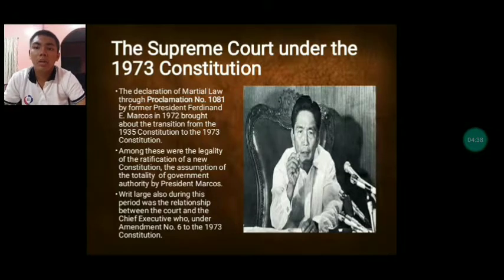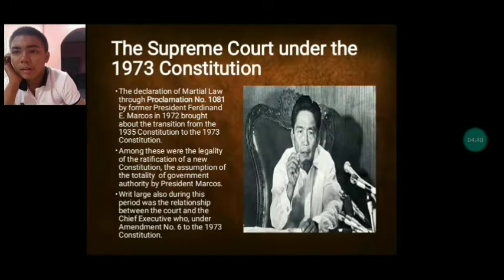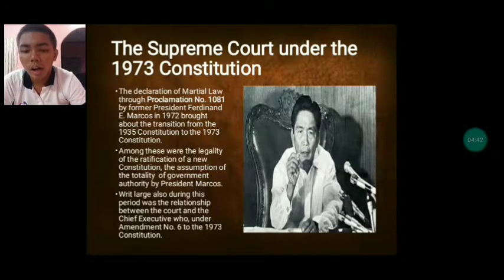So here, it is only the President who chooses who will serve in the Supreme Court, without the approval of any government official.